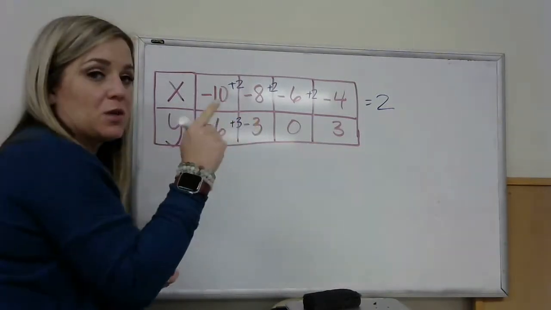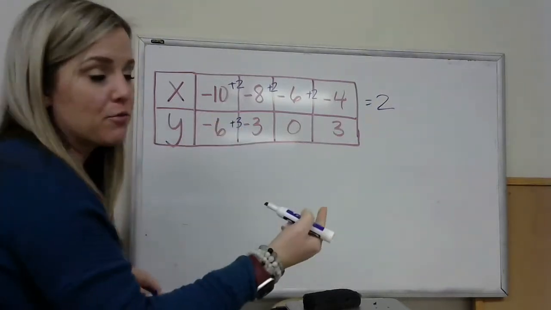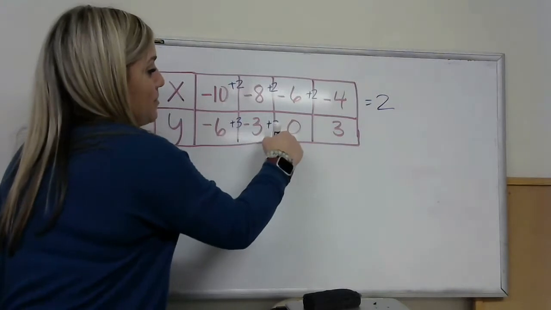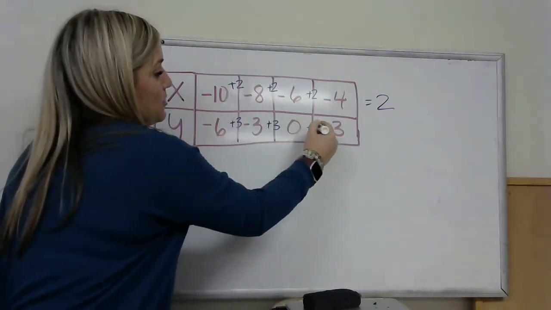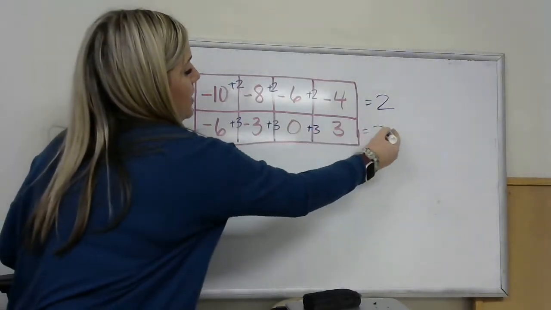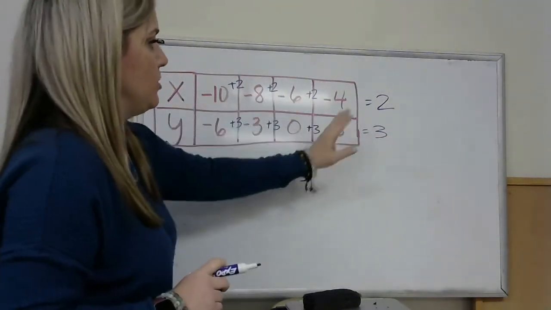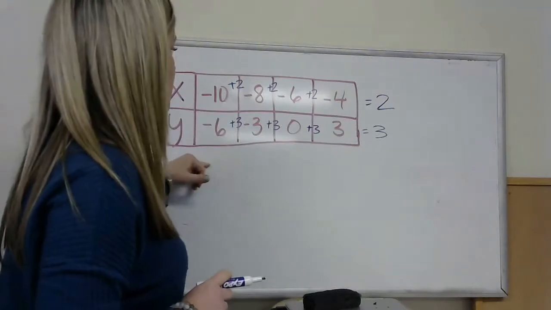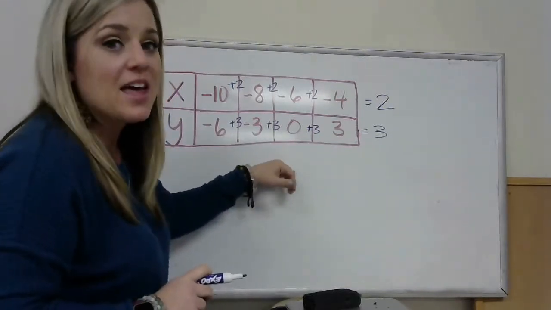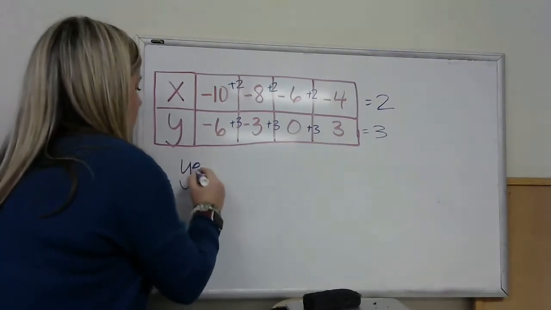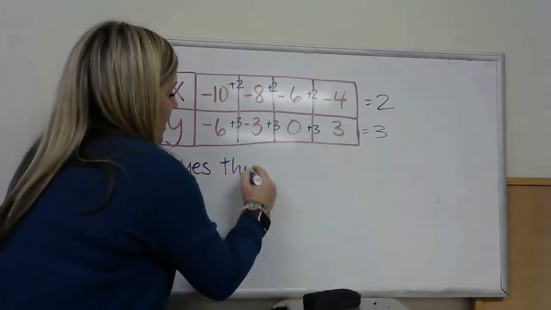So -6 plus 3 is -3. And -3 plus 3 is 0. And 0 plus 3 is 3. So this rate changes at 3. So since each X changes by 2 and each Y changes by +3, this would be considered a linear relationship. So yes, this is a linear relationship.